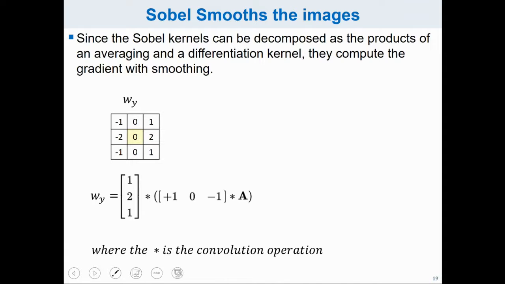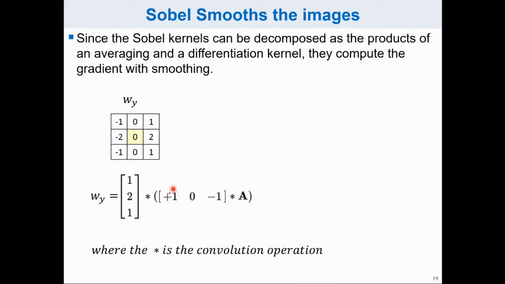If we look at, just for example, going in the y direction, so detecting an edge in the y direction, that's going to be like an edge this way. It's going to be a vertical edge. So there is a change from here to here. This filter over here can be decomposed into the product of this mask convolved with this mask.